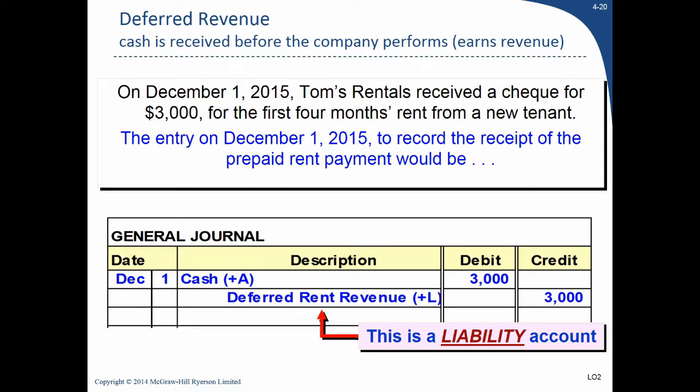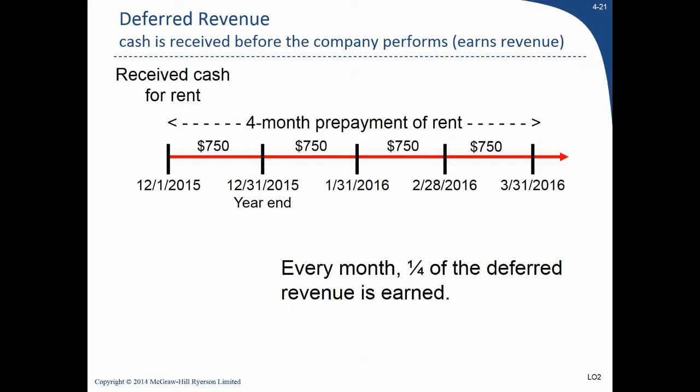What I want you to notice is the date. Okay, it's December 1st, 2015. Our year end is probably December 31, 2015, okay? So every month, a quarter of the deferred revenue is earned.